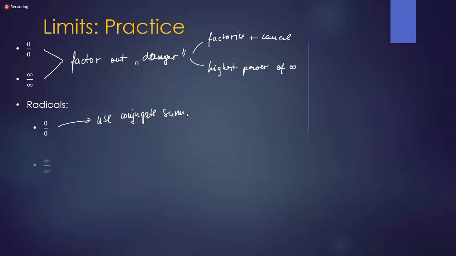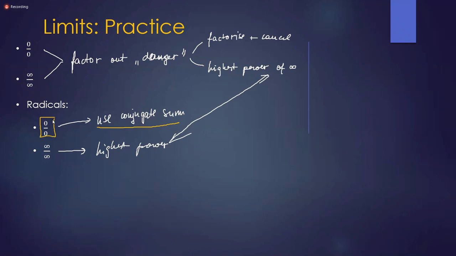But if we had infinity over infinity with radicals, what we did was, no, there's no need for the conjugate sum. We still divide out the highest power. Still the same. So you see this conjugate sum is only used for 0 over 0. You have to pay careful attention because otherwise you do a lot of unnecessary extra work.